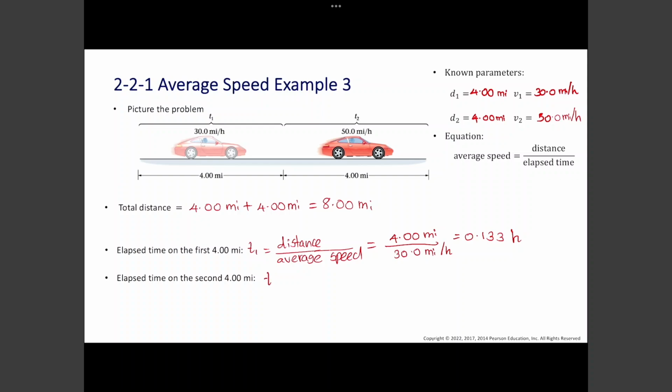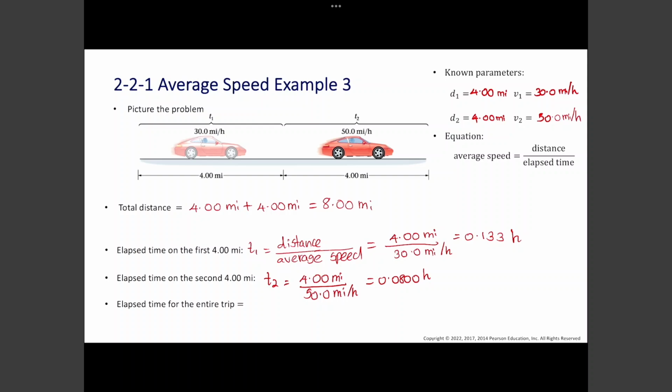Again T2 is distance over average speed, which is equal to 4.00 miles over 50.0 miles per hour. Therefore the answer is 0.0800 hours. So the answer is in 3 significant figures. Only the trailing zeros count.